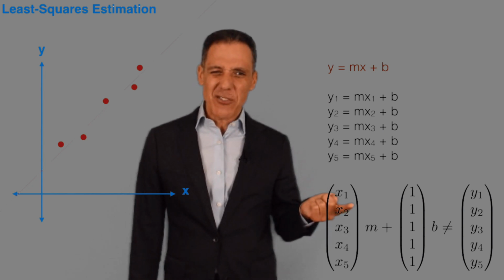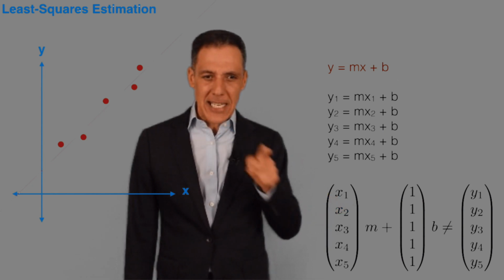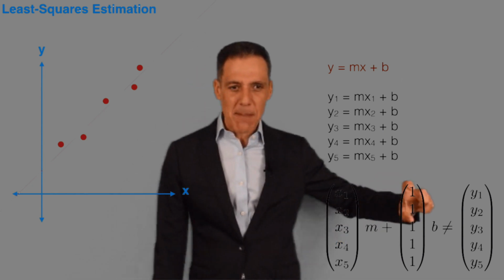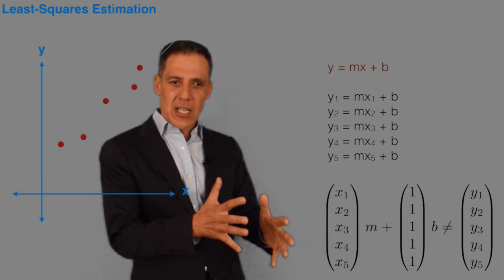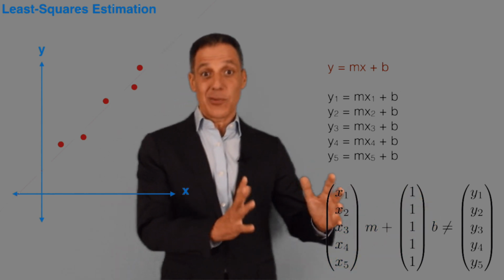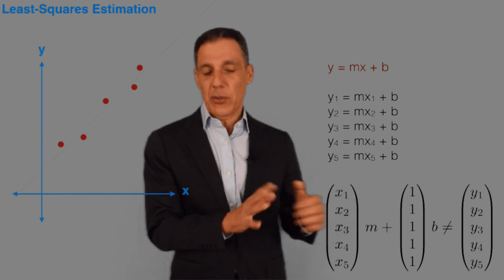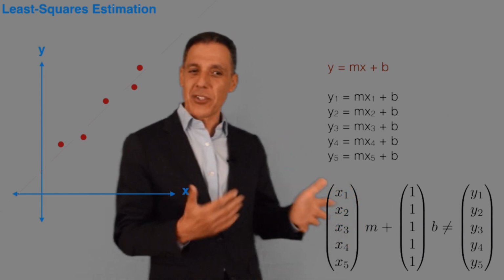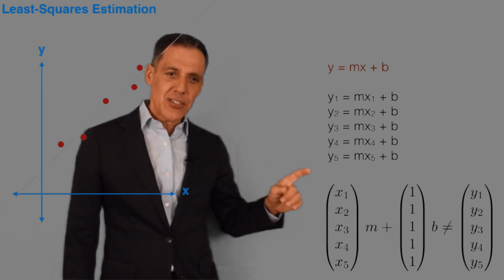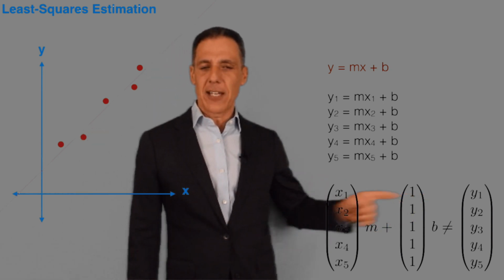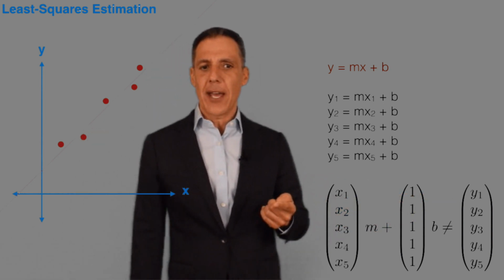So if I put this in matrix form, what would I have? Well, I'd have a 2 vector with m and b over here, and I'd have a 5 by 2 matrix. Well, that's certainly not a square matrix, so that's not invertible. So I don't really know what to do about that. But it's sort of worse than that because there is no m and b that satisfy this equation. How do I know that?